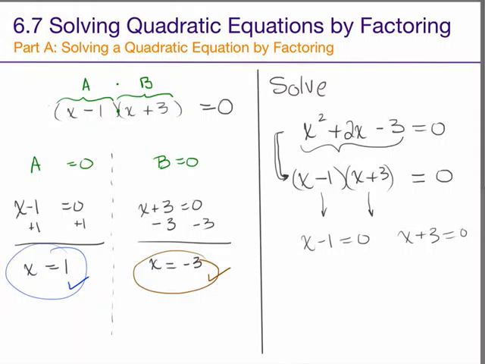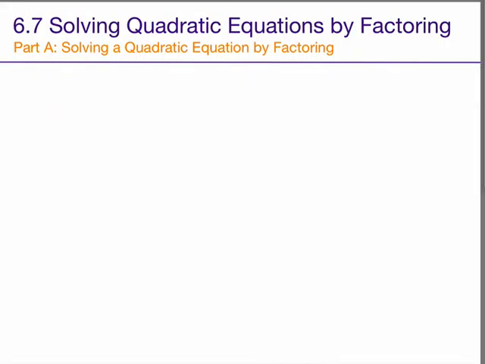Let's try another one. For now, I'll start by just giving you problems that are already factored so we can see the zero product property at work. The factors x plus 3 and x plus 2, when multiplied, equals 0. Here's my A, and here's my B. They're multiplied, and their product equals 0.